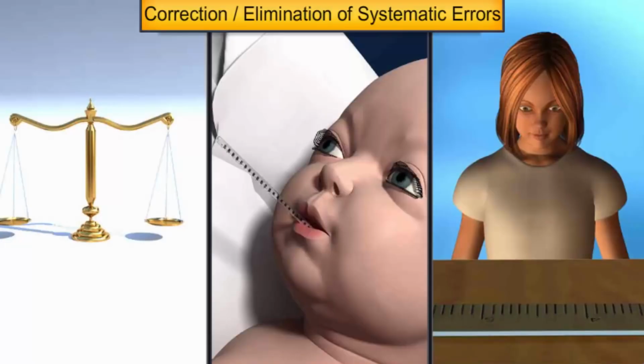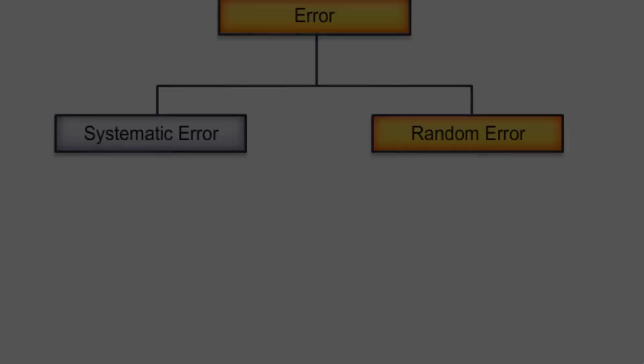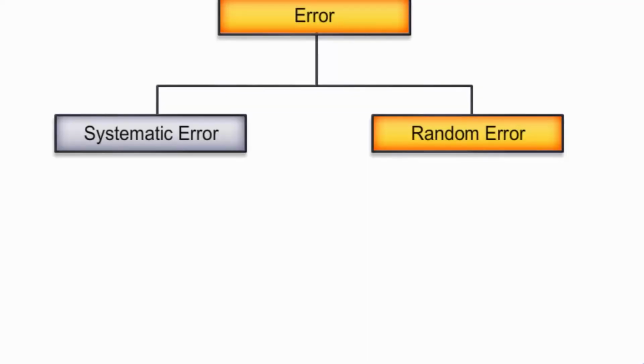Random errors are, as the name suggests, random. These errors vary in terms of sign and size. That is, they can be either negative or positive, and the quantum of error varies in absolute terms.